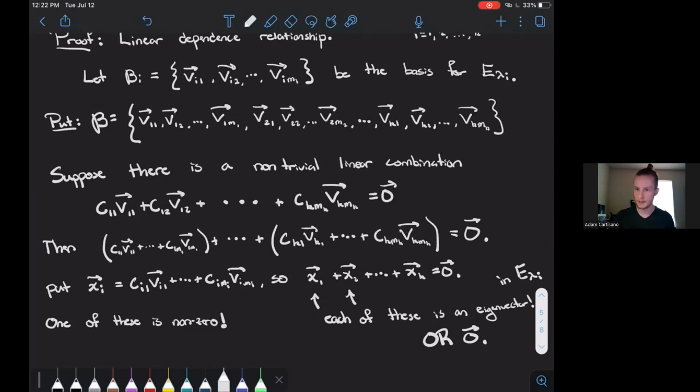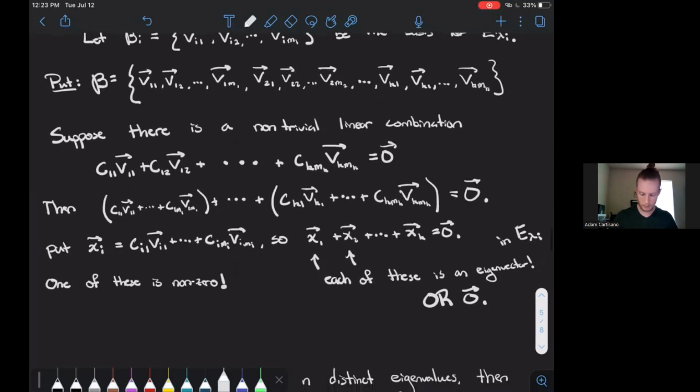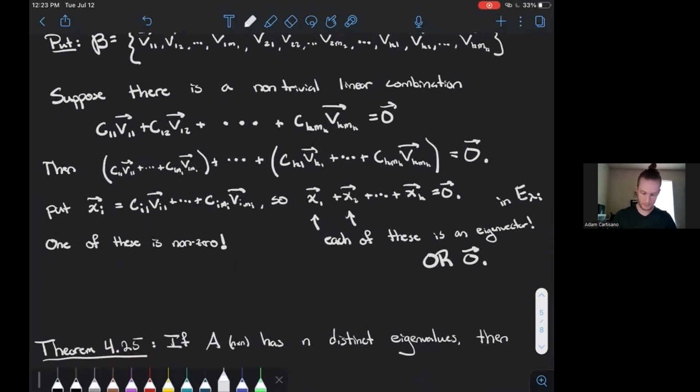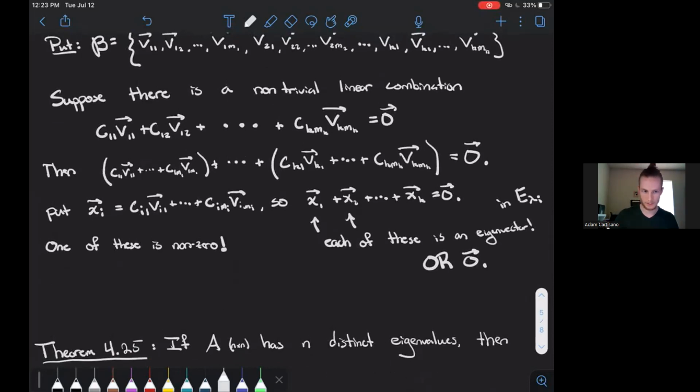The problem is there's a linear dependence computation, but all of that would tell us that there are two eigenvectors that are linearly dependent inside the same eigenspace. Is that right? Well, regardless, anyway, this is impossible. This is impossible.